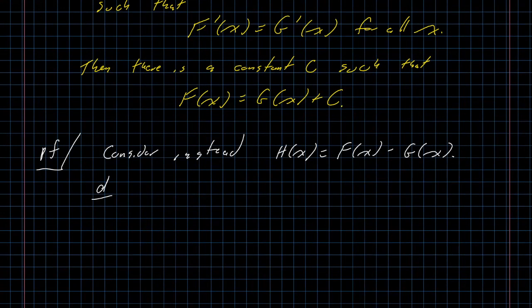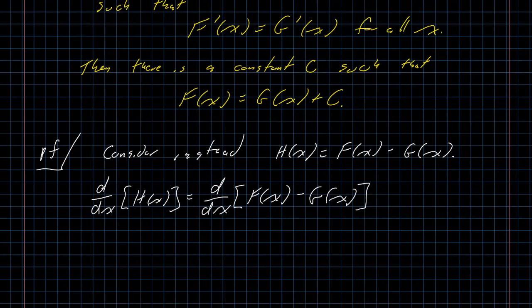And I want to take the derivative of this difference, and using the linearity of the derivative, the derivative of f minus g is f prime minus g prime. But since f prime of x and g prime of x are equal to each other, when we subtract them, we get 0.